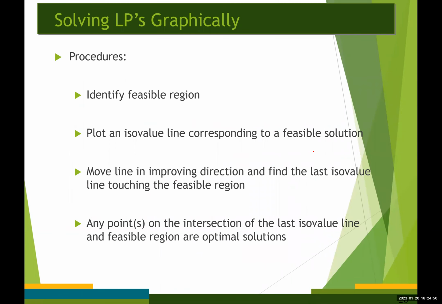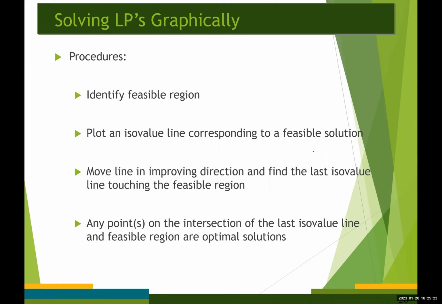So this next slide shows the required steps of the graphical method for solving the linear programming model. The very first step is to identify the feasible region. Right after that, you need to plot an isovalue line corresponding to a feasible solution, and then move the isovalue line in an improving direction.